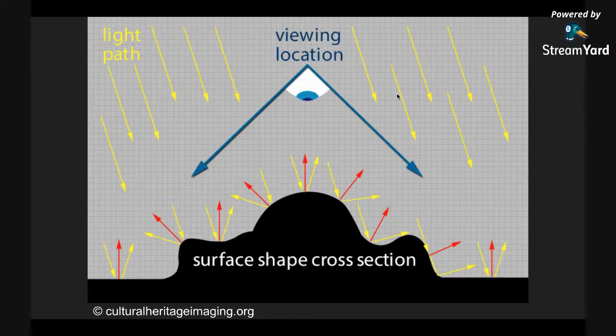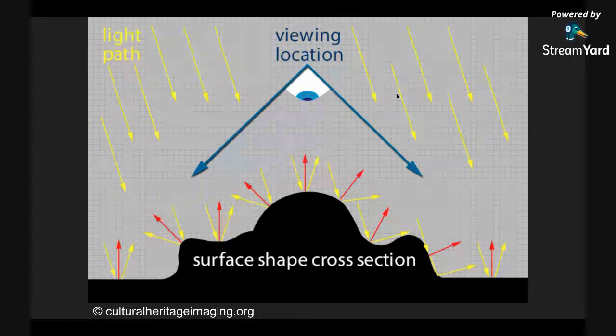So you get these surface normals, as it were, these reflections back from the surface, and this is captured.